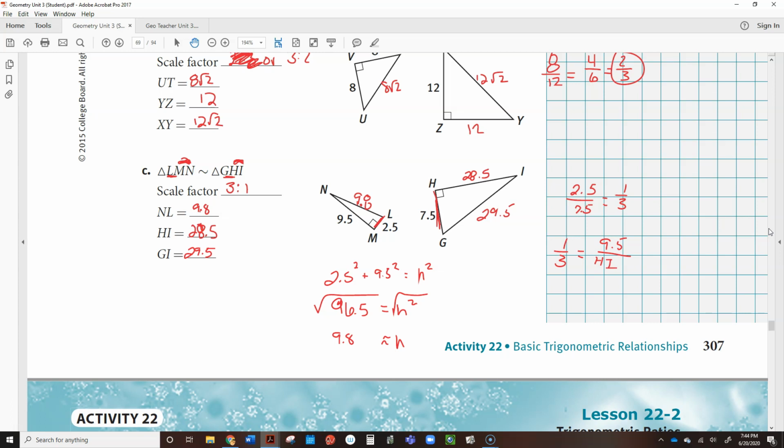Cross multiply, divide. That's where we got 28.5. After we found the 9.8, we do the same thing again. 1/3, or let's do it upside down, 3 to 1. So the 3 means the big one goes on top. We were looking for GI, so it would go on top because it's from the big triangle. And 9.8 would go on bottom. Cross multiply, divide.